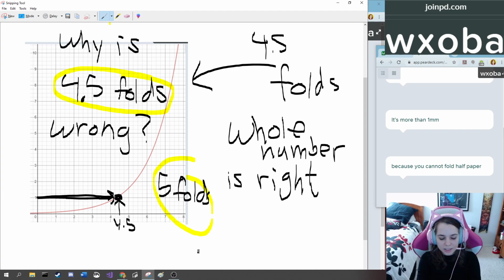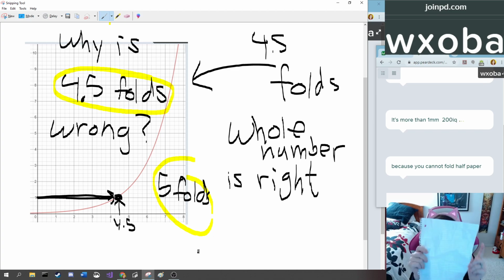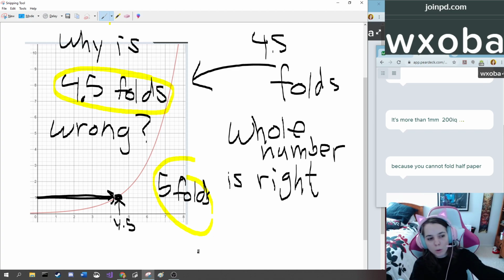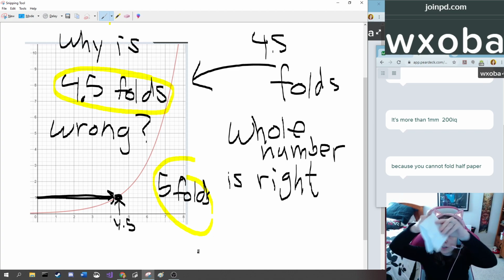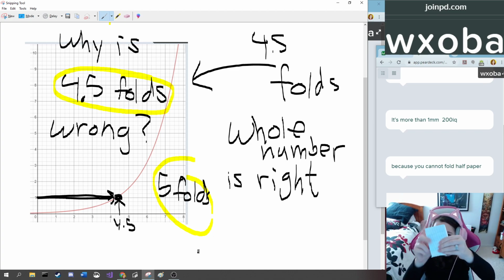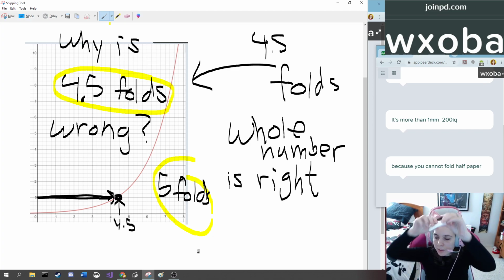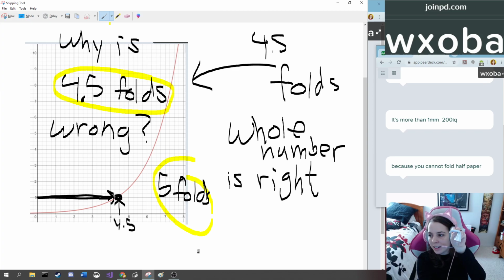So it just does not make sense. They want to know, when is the paper going to have a thickness that is more than 1 millimeter? After 1, 2, 3, 4 folds, it's not enough. 4 folds is not enough. There is no thickness of the entire paper in between the 4th fold and the 5th fold.